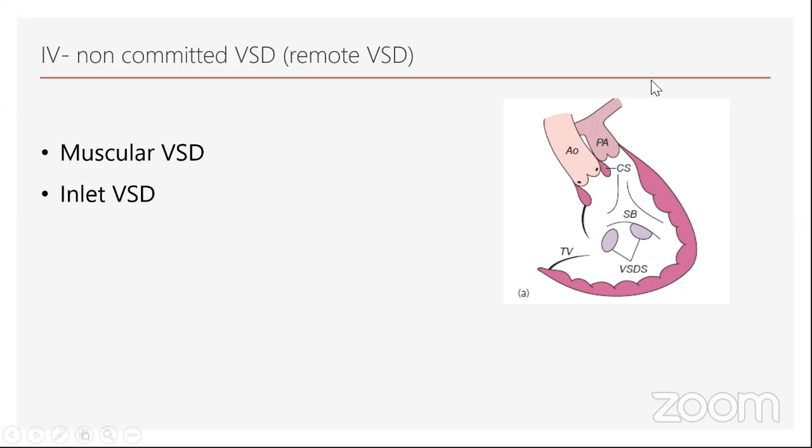But very generally, let's assume that we want to direct this VSD into the aortic valve. If the distance from the edge of the VSD to the aortic annulus is more than the diameter of the aortic annulus, then we assume that this is a relatively remote VSD.